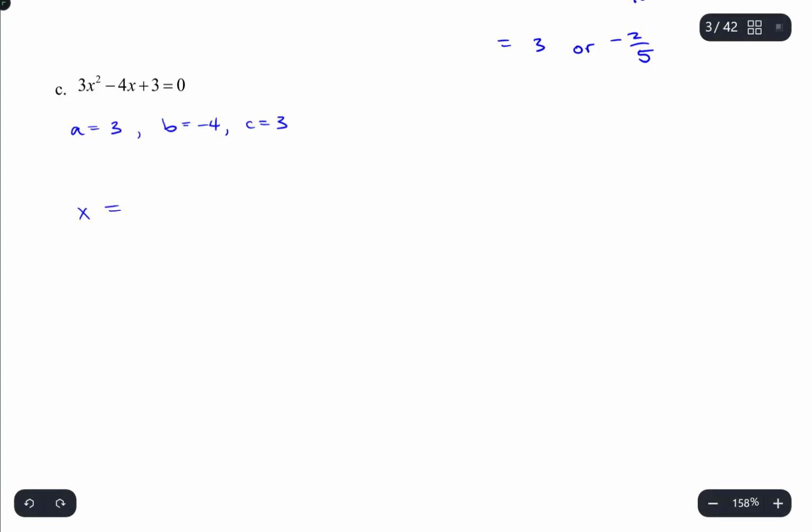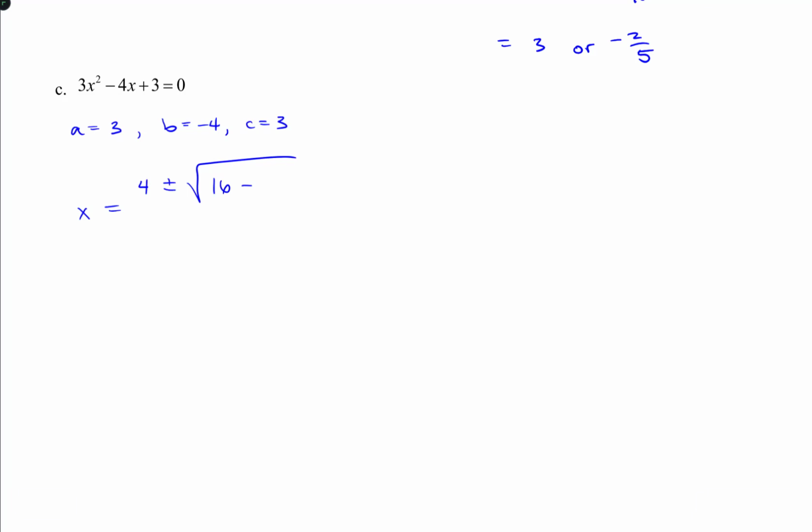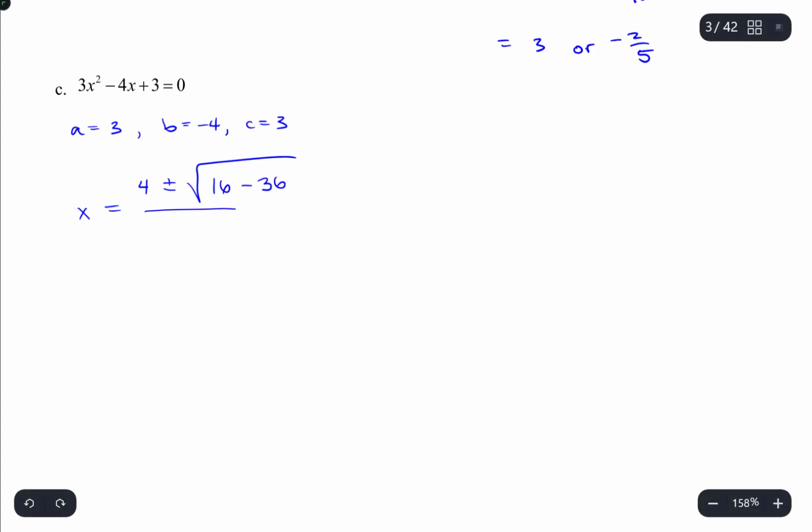All right, so my solutions then, x equals -b, so the opposite of -4 is +4, plus or minus the square root of b squared, which is 16, minus 4 times a, which would be 12, times c, which is 12 times 3, or 36, so 16 minus 36, all over 2 times a. A is 3, so that would be 6.